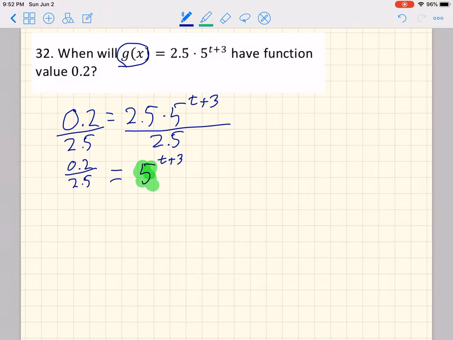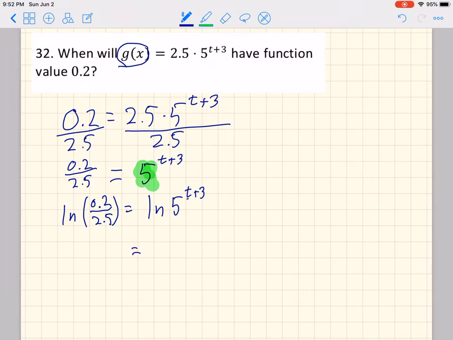Now I've got the base 5 isolated, so I can go ahead and take a log of both sides. I can use either the natural log or common log. I'm going to use the natural log here. Natural log of 0.2 over 2.5 is equal to the natural log of 5 to the t plus 3. Now, the whole goal in taking the log here is to use the power rule for logarithms.